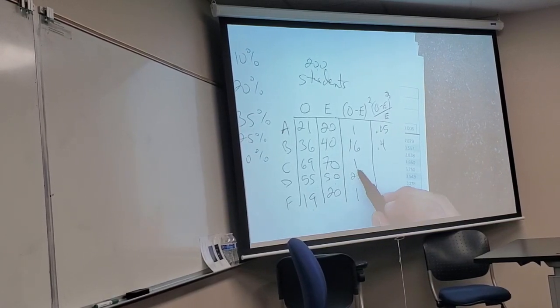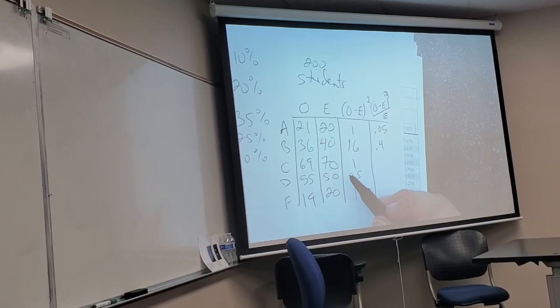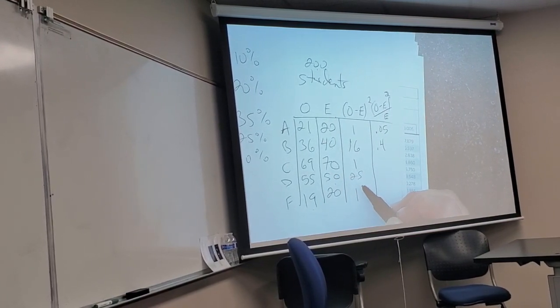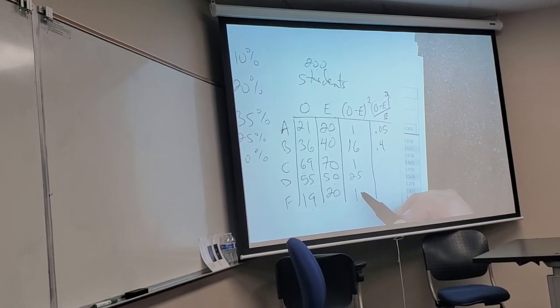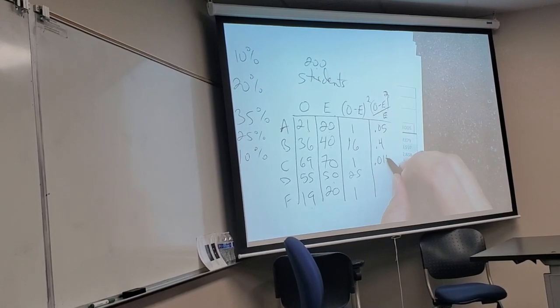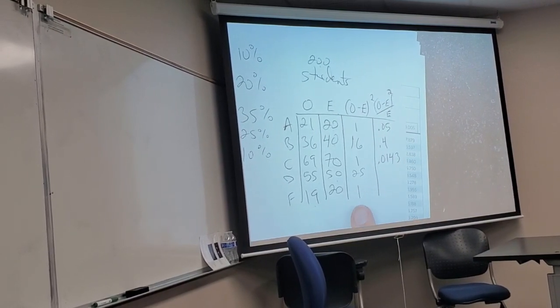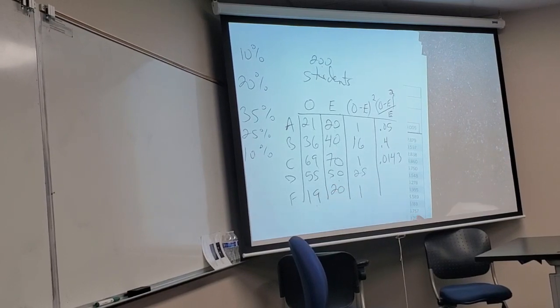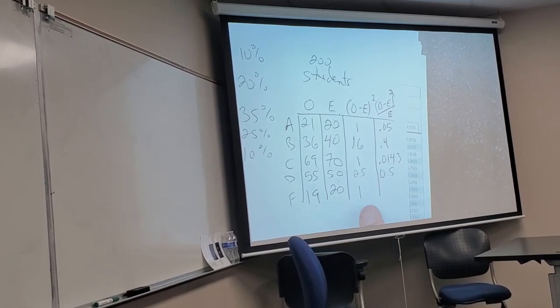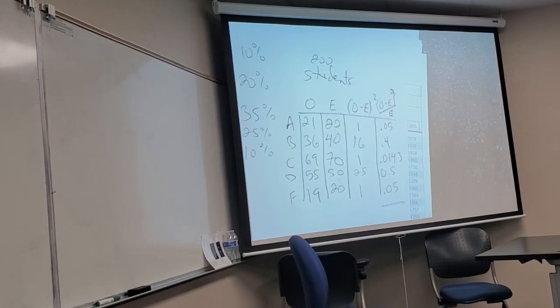What is 1 divided by 7? Help me out. 0.143? Yeah. Okay. Uh-oh. 25 divided by 50. And then 1 divided by 20 again. Okay.